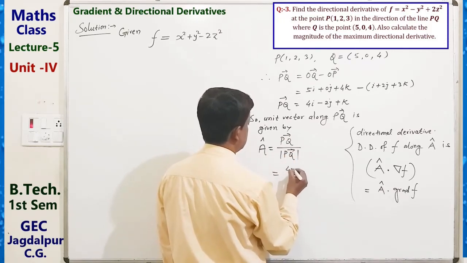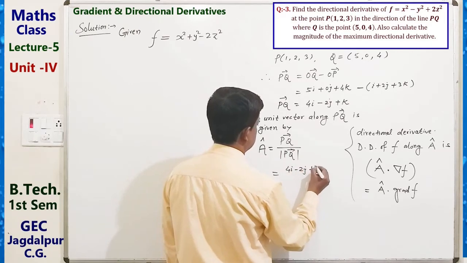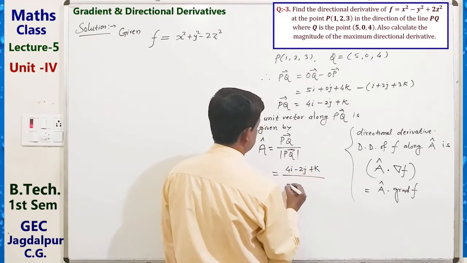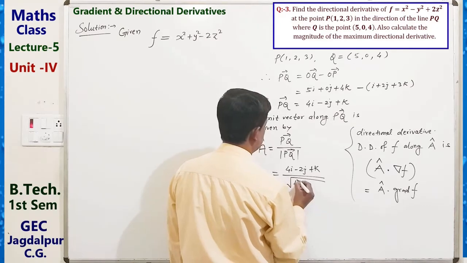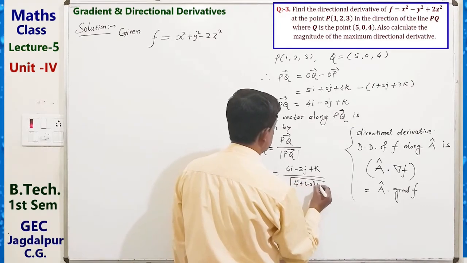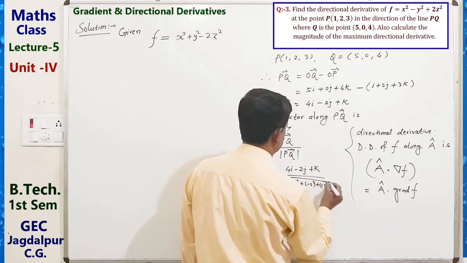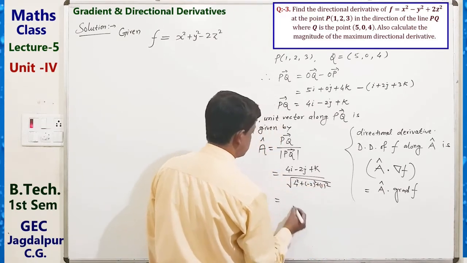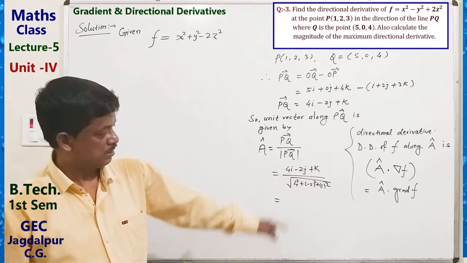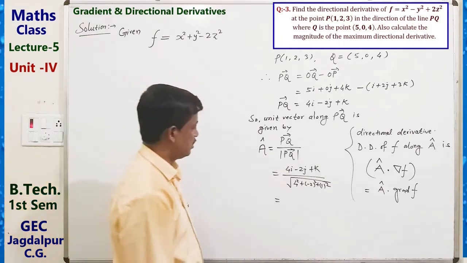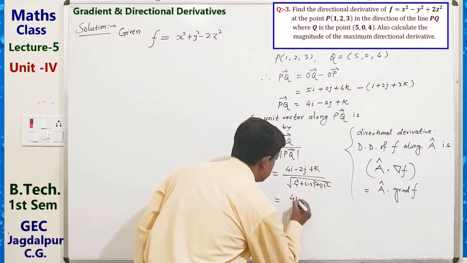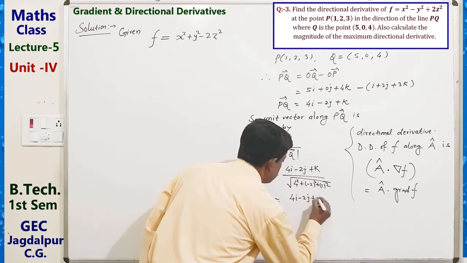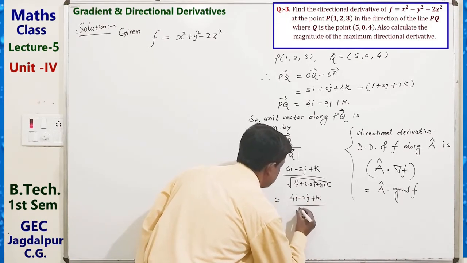So 4i minus 2j plus k upon root of 4 square plus minus 2 square plus 1 square, equals 4i minus 2j plus k upon root 21.